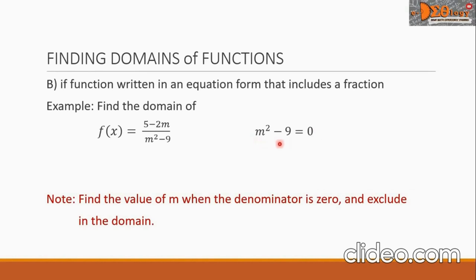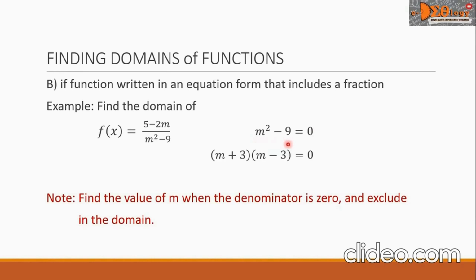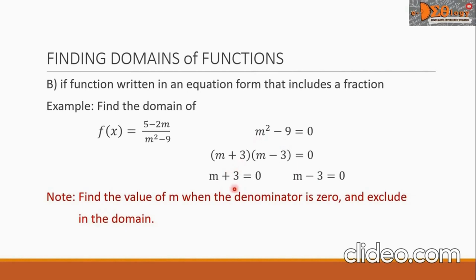This m^2 - 9 is factored into (m + 3)(m - 3). And then each factor we will equate to 0. So m + 3 = 0. The second factor, m - 3, is also equal to 0. Then we will solve for m respectively.